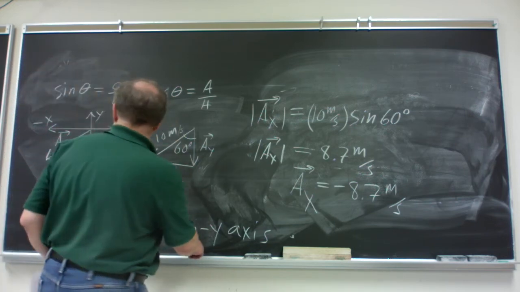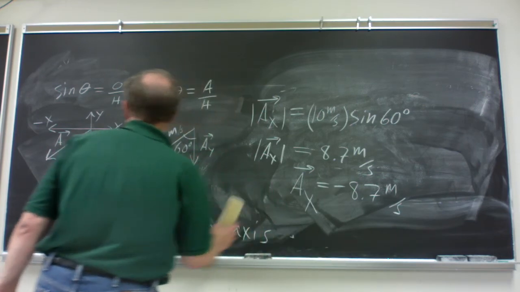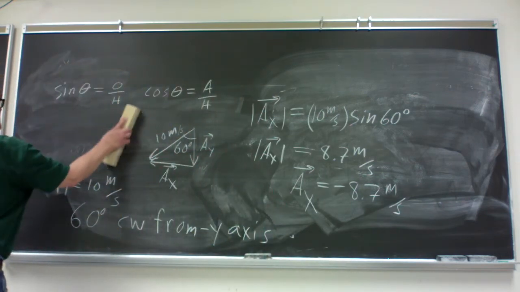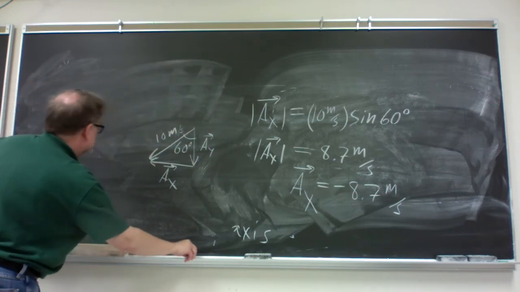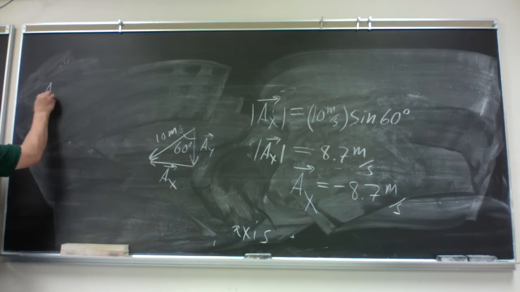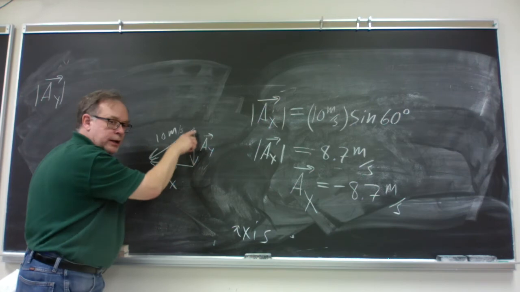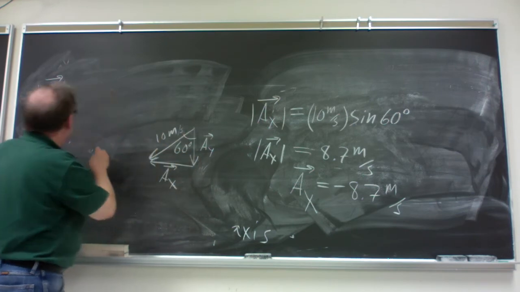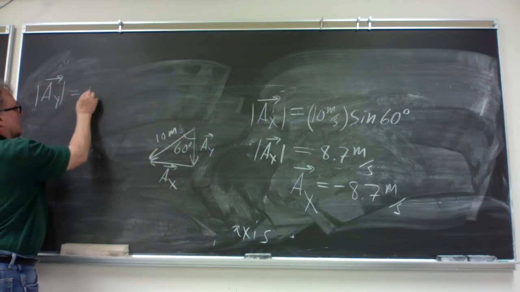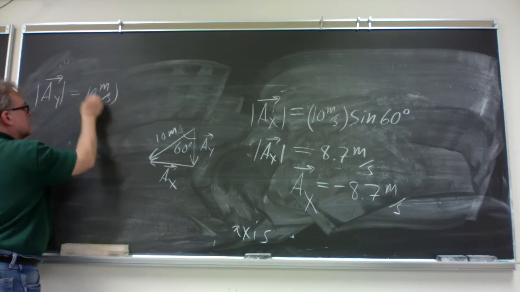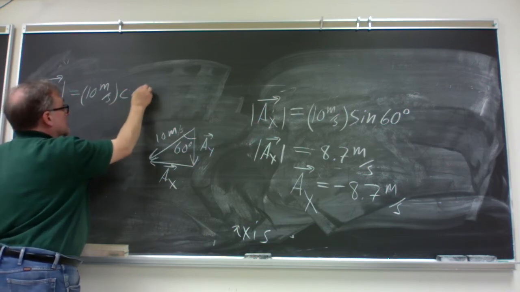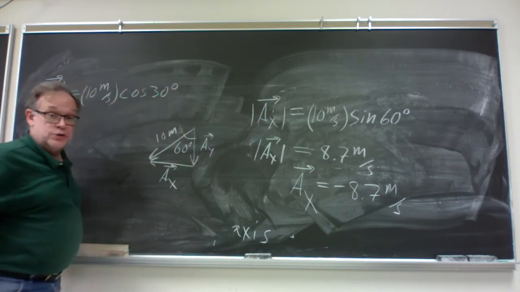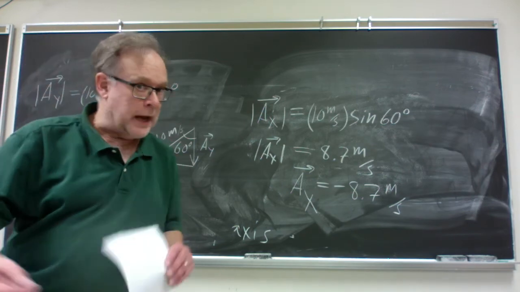So let's do that. So the magnitude of AY corresponds to the length of this adjacent side on the triangle, which is hypotenuse 10 meters per second times cosine, because it's the adjacent side, cosine 30 degrees, and it turns out that cosine of 30 degrees is 1/2.